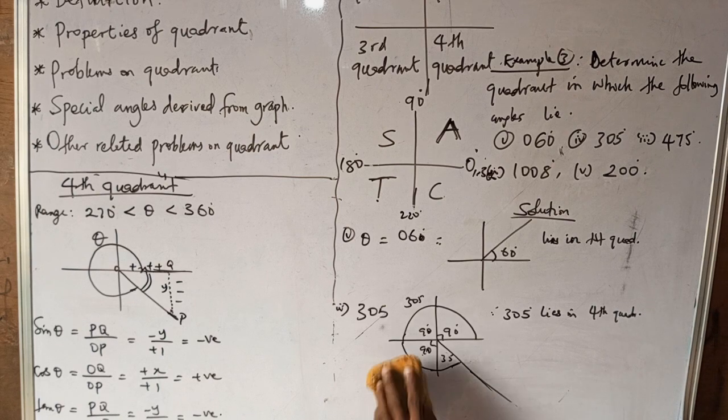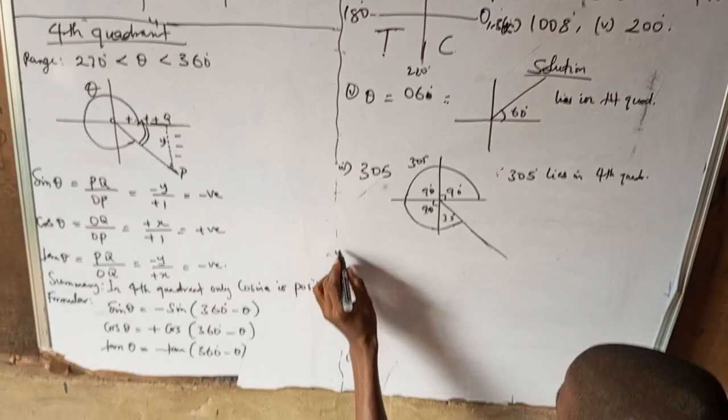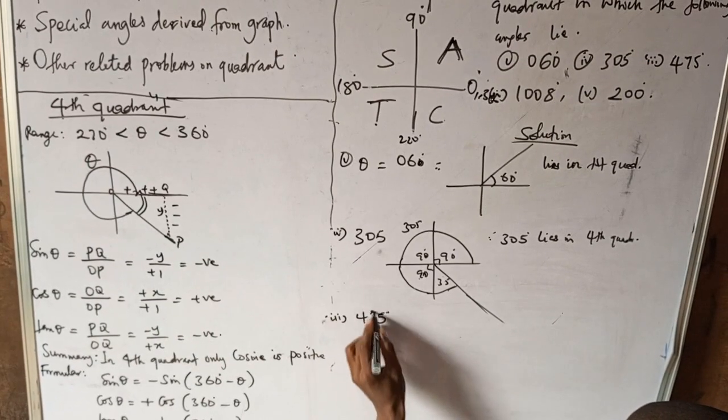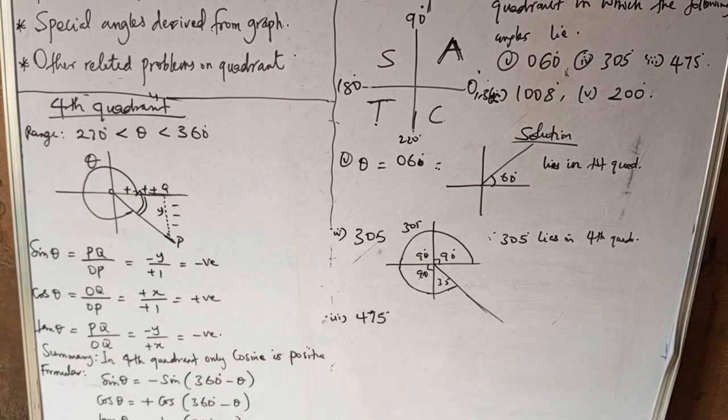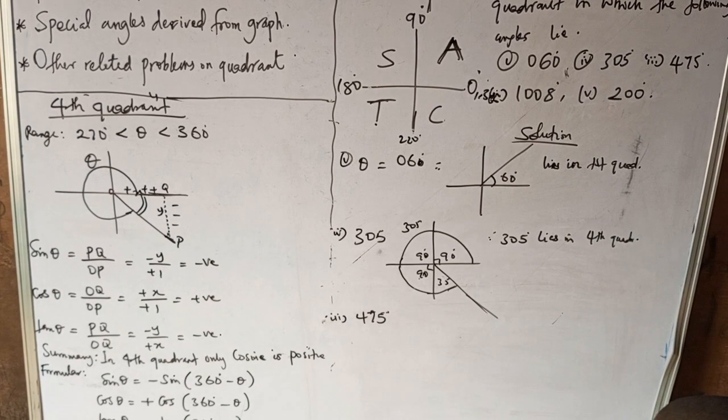Then the next one, 475. Now 475 has exceeded the limit. If you recall from our previous lessons, we dealt with negative angles and angles greater than 360 degrees.